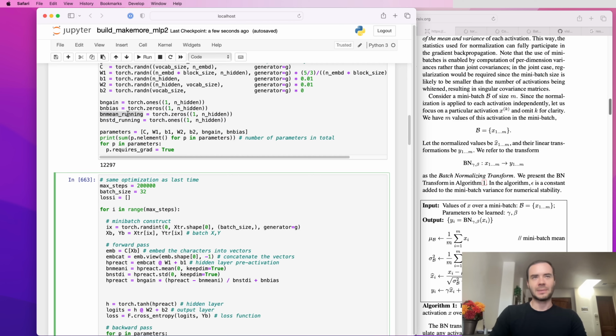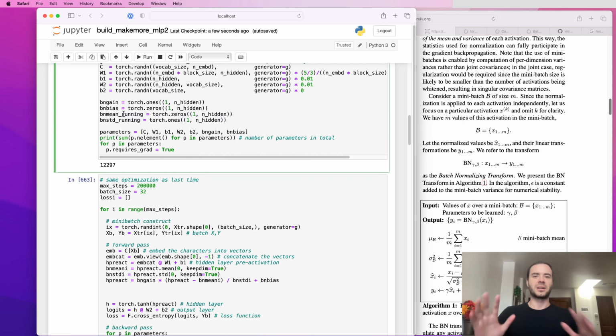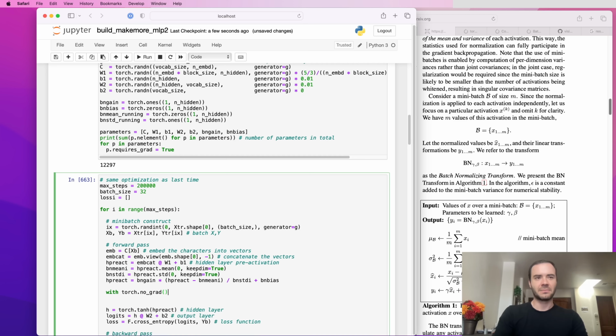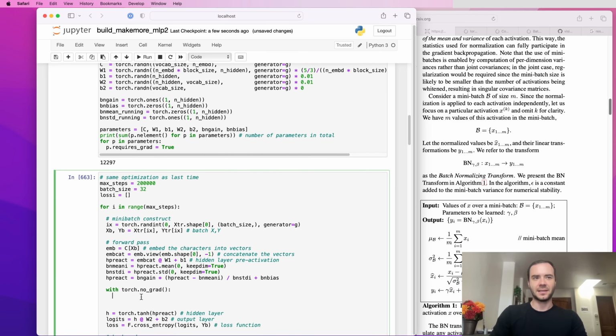But then here, I'm going to update these. And in PyTorch, these running mean and standard deviation are not actually part of the gradient-based optimization. We're never going to derive gradients with respect to them. They're updated on the side of training. And so what we're going to do here is say with torch.no_grad, telling PyTorch that the update here is not supposed to be building out a graph because there will be no dot backward.